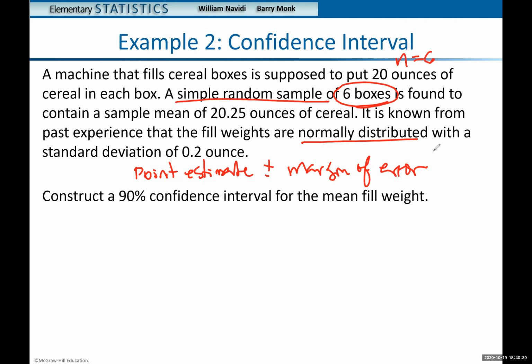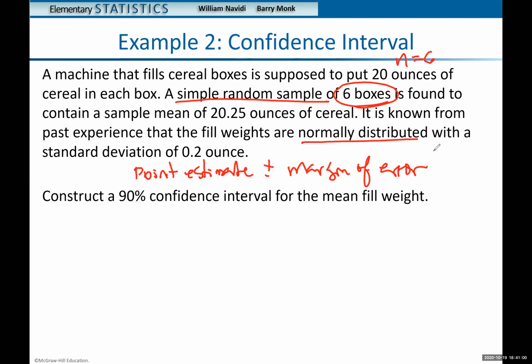What's the point estimate again? The mean.